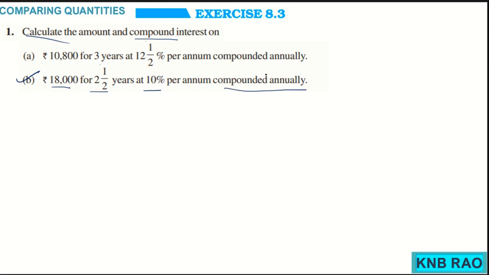See children, here compounded annually means I have got a fraction part of the time period, that means 2 years as a whole and half. So, this half year is a fraction.